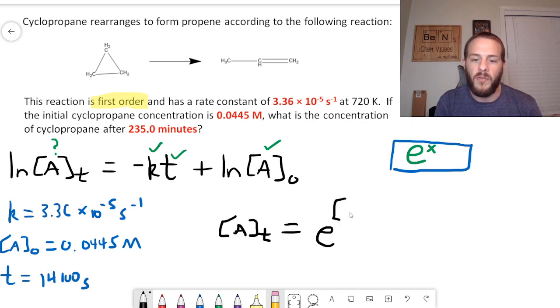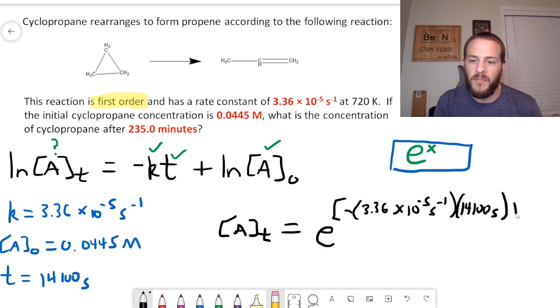That's the negative product of k, which is 3.36 times 10 to the minus 5 inverse seconds, times the time, which is 14,100 seconds, plus the natural logarithm of the initial concentration, that's 0.0445 molar.